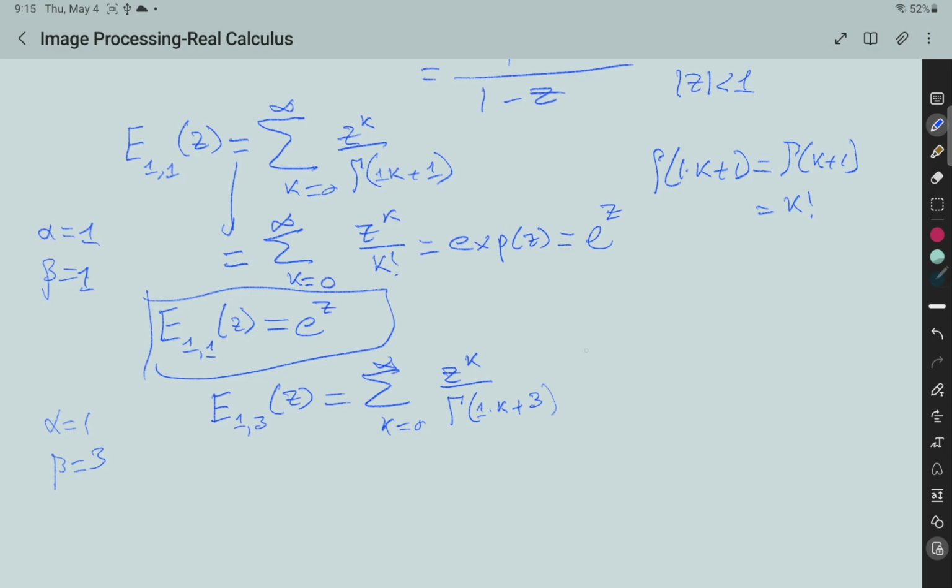Okay. So this is the same thing as the sum from k equal to 0 to infinity, z to the k, and then divided by gamma of k plus 2 plus 1.